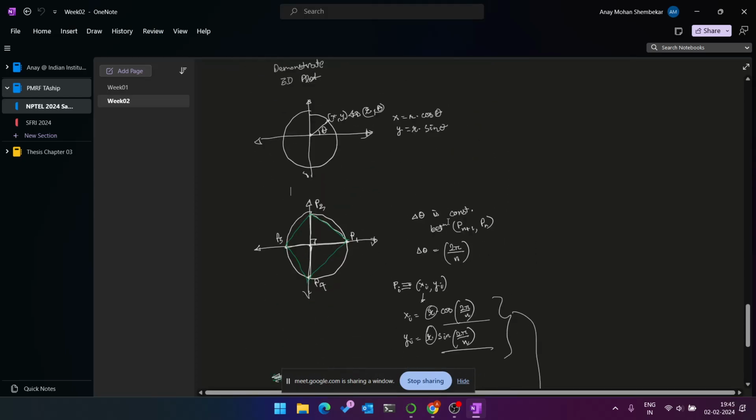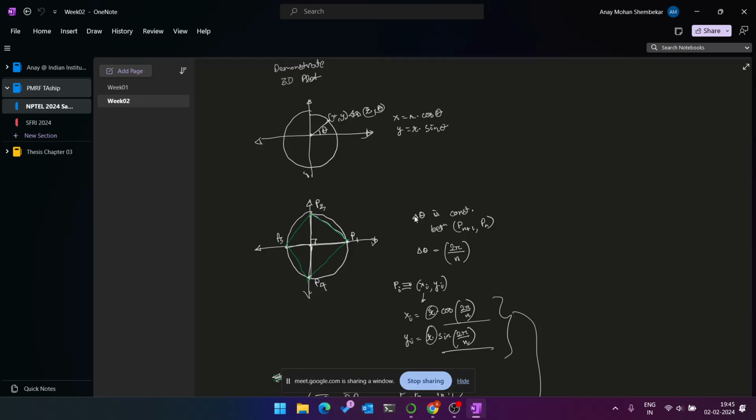So as I mentioned, our delta theta is constant here between any two consecutive points Pn plus 1 and Pn, and any point xi comma yi which is associated with the point Pi can be written as r cos theta and r sin theta. In our case, r equals 1 and theta equals i times delta theta.